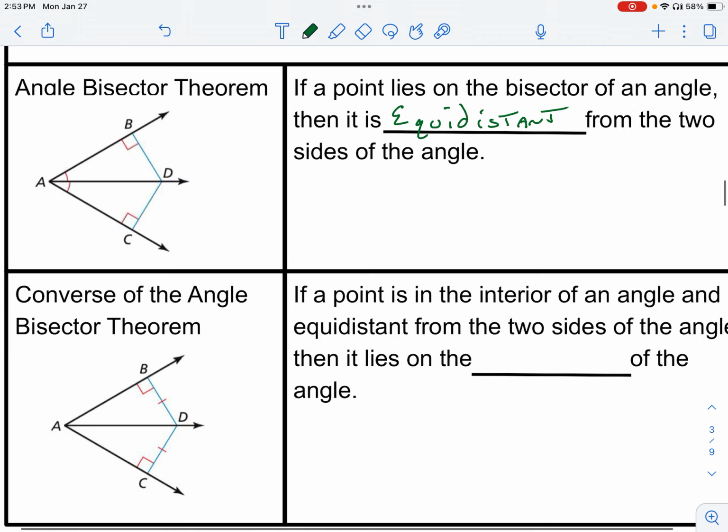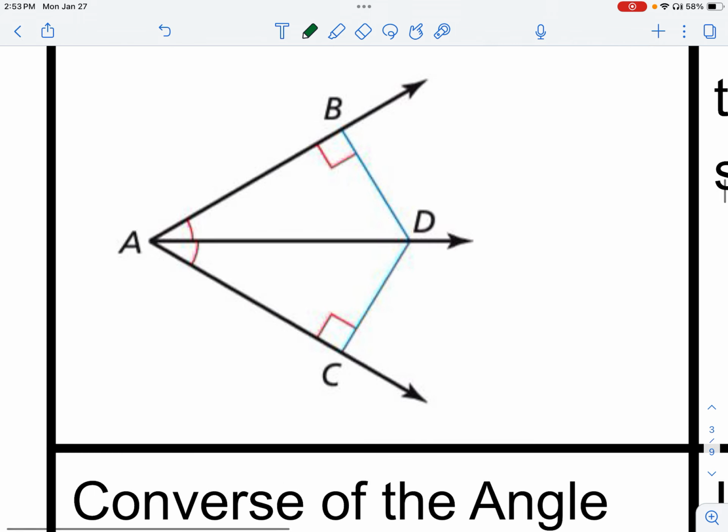Which means that here we have an angle bisector, and we know because these angles are congruent, and because we're measuring from point D to the rays at a 90-degree angle, that this will be true.